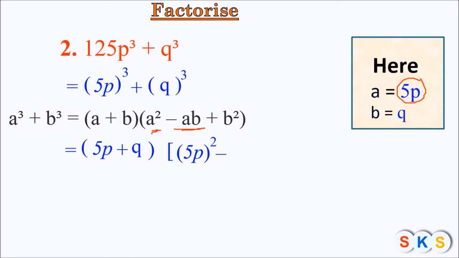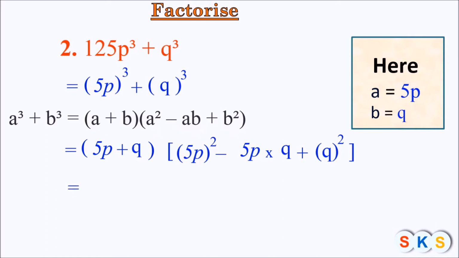Right, you can see in the box the value of a is 5p and value of b is q. So what we will write at the place of ab? We will write 5p into q plus, what is the last term of the bracket? Last term, b square, and what is the value of b? It's q. So we will write here q the whole square.